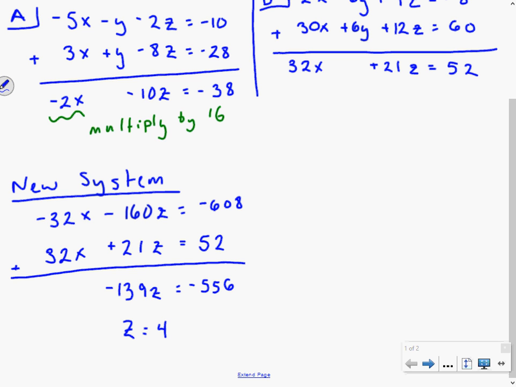So now we can start plugging back in to find the rest of our x and y values. We're going to find x next, so let's plug back into our A equation.